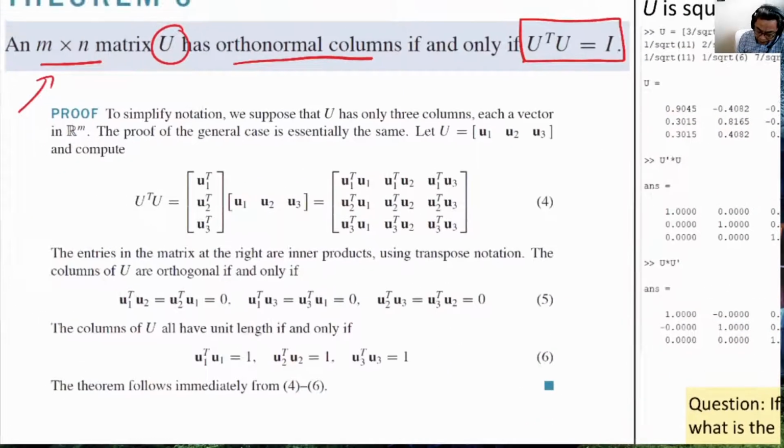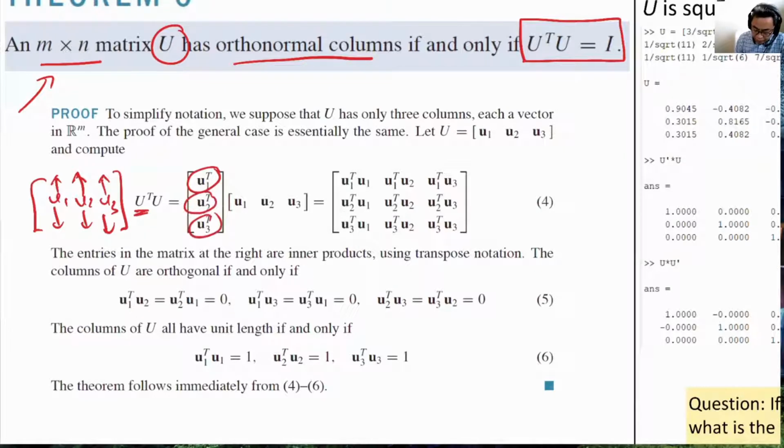What is U transpose U? Let us have three orthonormal columns in this example, u1, u2, u3. When we perform U transpose, we are getting row vectors: u1 transpose, u2 transpose, u3 transpose.